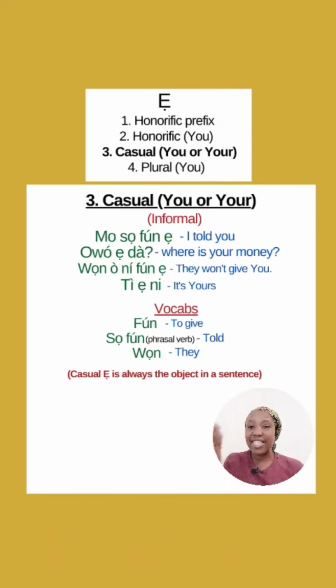So tiẹ ni is casual. To make it honorific, it will be ti yín ni. Tiẹ ni, casual. Ti yín ni, honorific. They are both appearing as the object of the sentence.